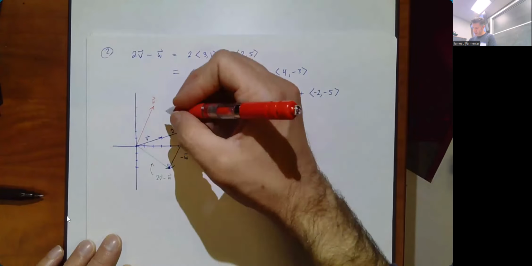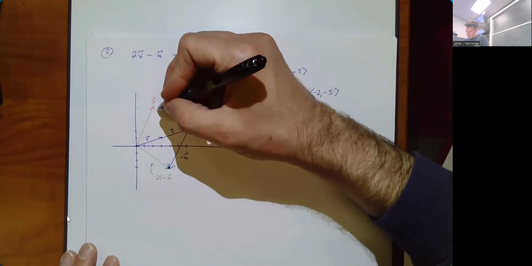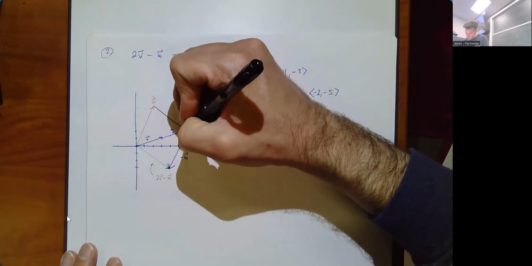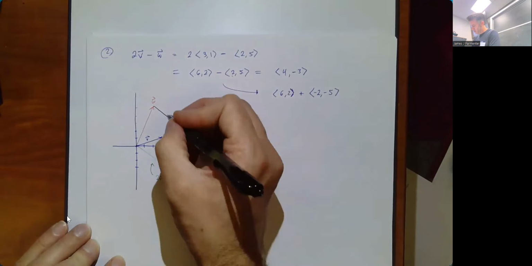And then you connect that point to that point. That will also give you the vector 2v minus w. But I never was good at seeing that that was the same thing. So I just always did it this way, where I draw my 2v and then I do negative w and add it that way. And again, either way you see it is fine.